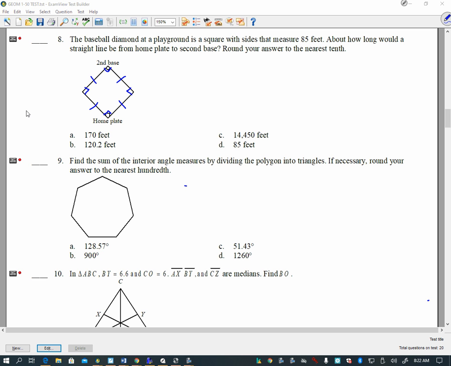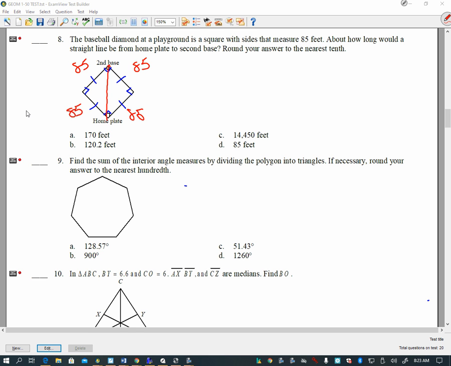It says the baseball diamond at a playground is a square with sides that measure 85 feet. So I know that each of these sides is 85 feet. About how long would a straight line be from home plate to second base? So I could draw a line from here to there. What do we see there? I see 2 triangles.